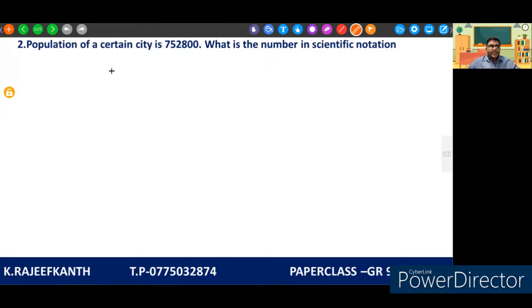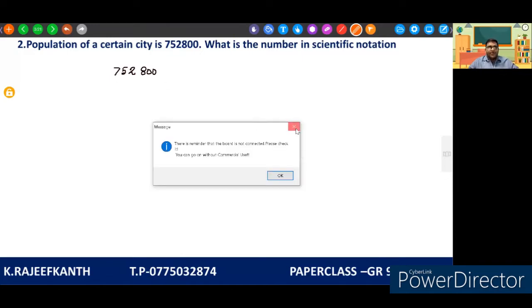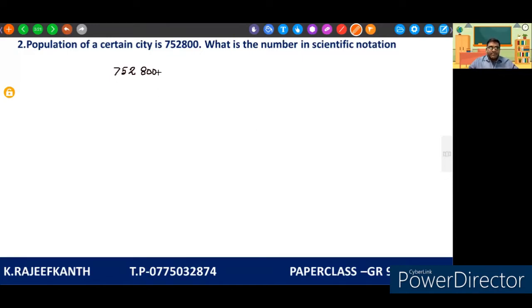Here, 752,800 is a whole number. So the decimal point will be there. So we have to write this 752,800 as 7.528 times 10 to the power.